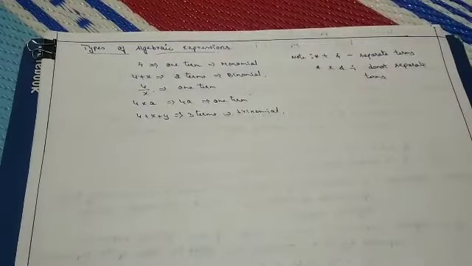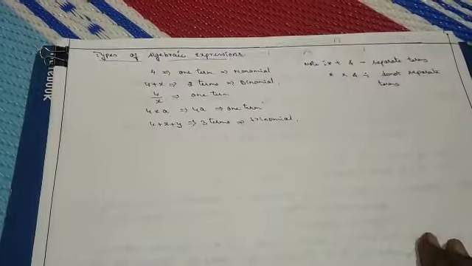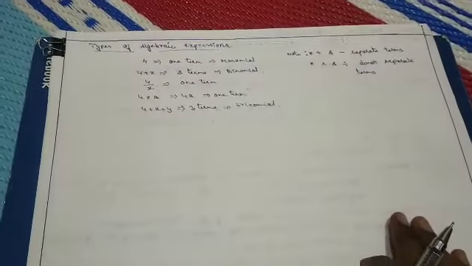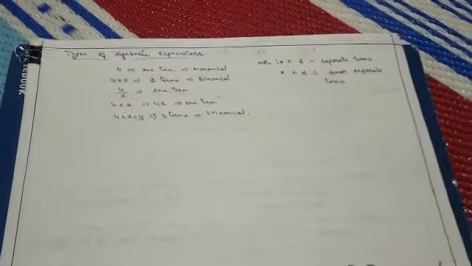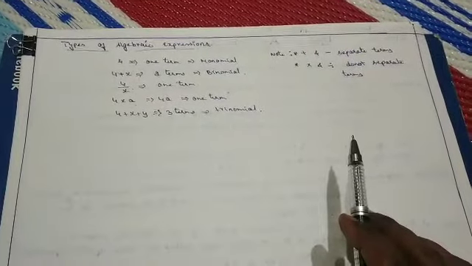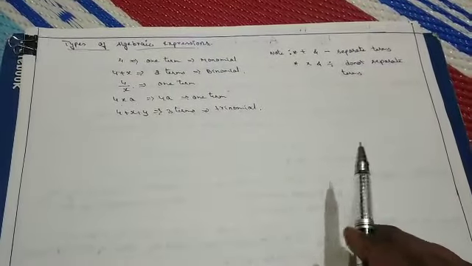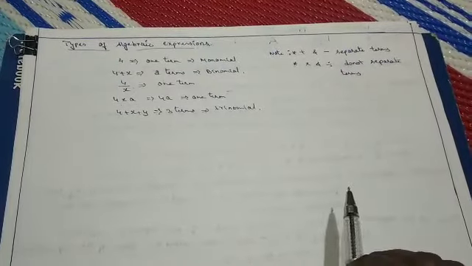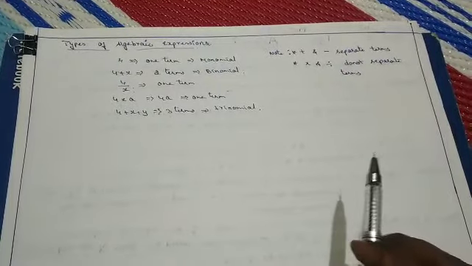Also in class 7 we have discussed the factors of a term, constant term, coefficients, like terms and unlike terms. We know that while adding and subtracting expressions, we do it only for like terms.